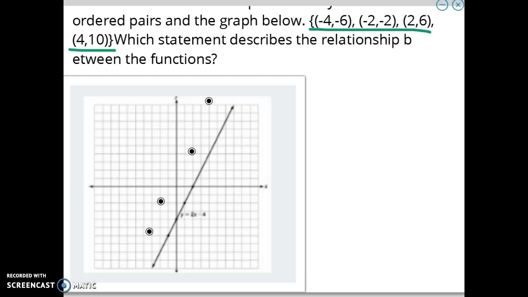Now I'm just going to connect these points. Uh-oh, missed one. There we go. These lines are parallel.